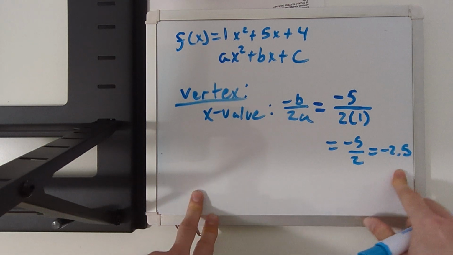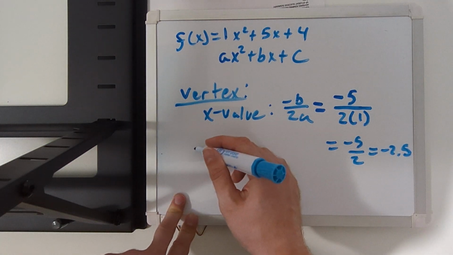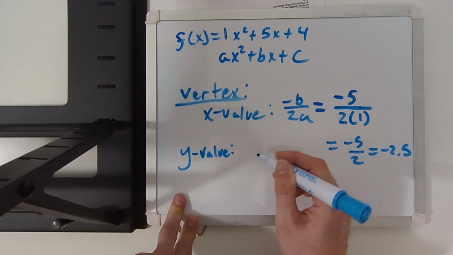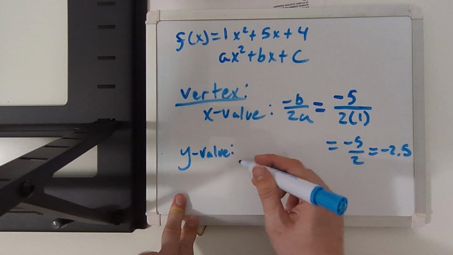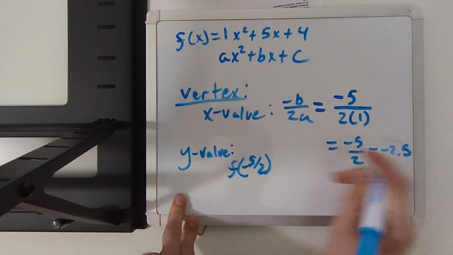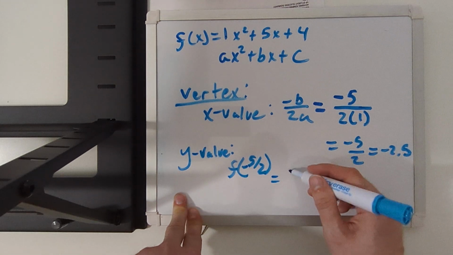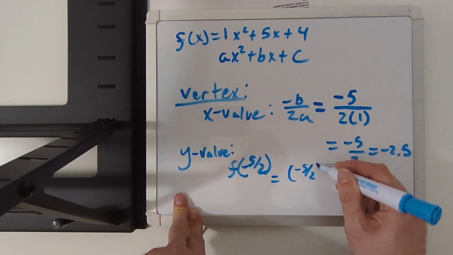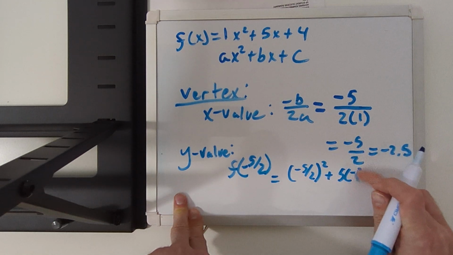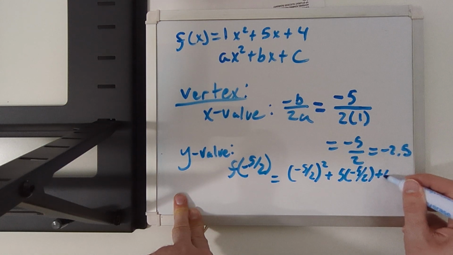Now, if I want to get the y value, I just take this x value and plug it back in. So the y value would be f of negative 5 halves, or negative 2.5. You can use a calculator to do just the computations if you need it, but that's negative 5 halves squared plus 5 times negative 5 halves plus 4.